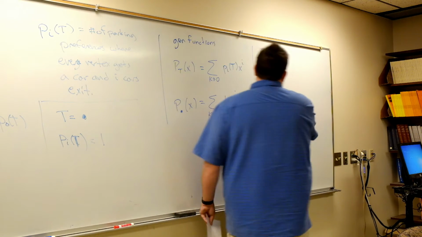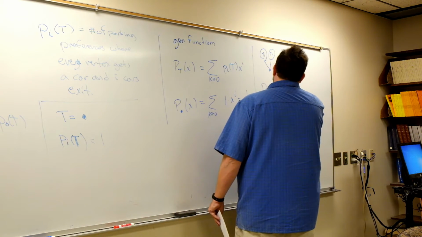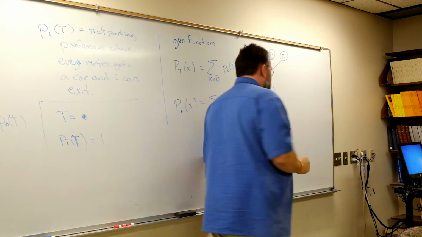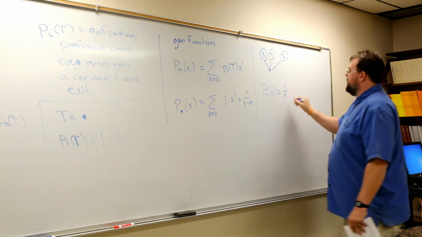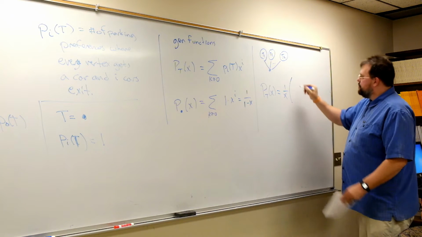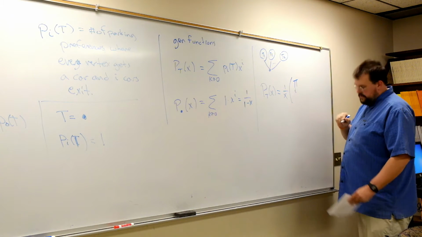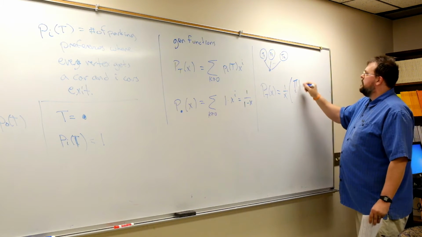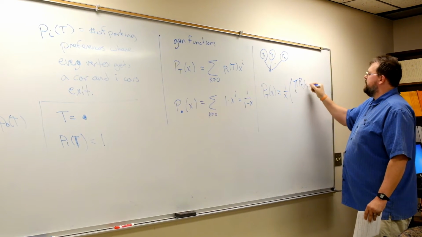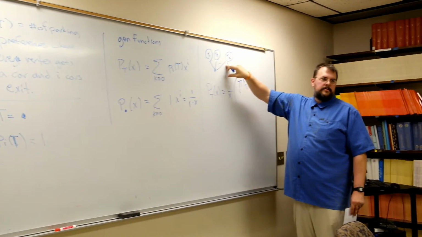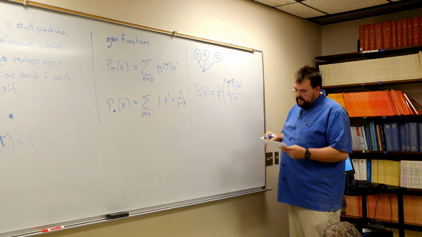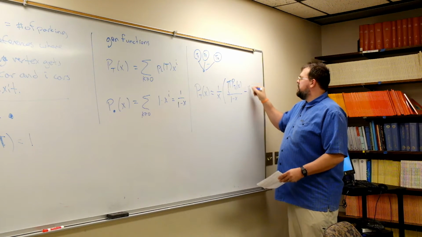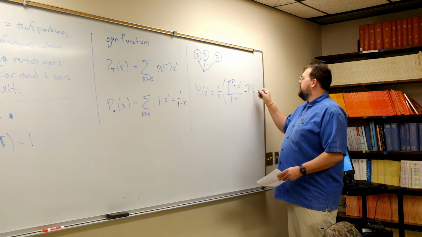Then the generating function p_T of x is equal to 1 over x times the product over all i of the individual generating functions for each one of these trees, divided by 1 minus x, and then minus the product of all these trees evaluated at 0.